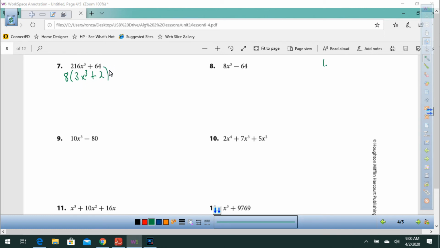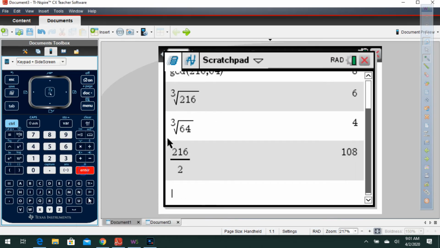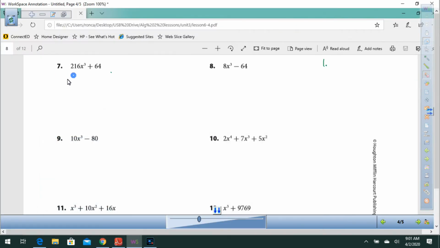Okay. So what if I take a 2 out? 216 divided by 2 is 108. No, I'm not going to do that. I'm going to work with perfect cubes. So the greatest common factor was 8. So we take an 8 out, and that leaves you with 3x cubed plus 2. And there we go.